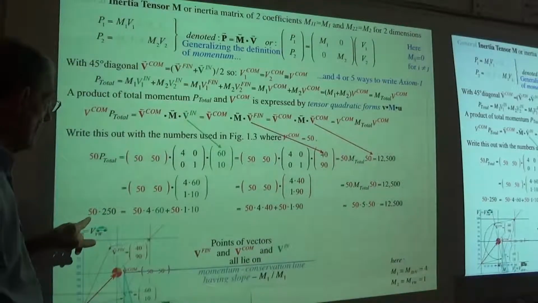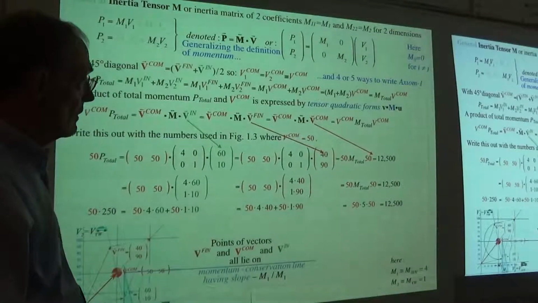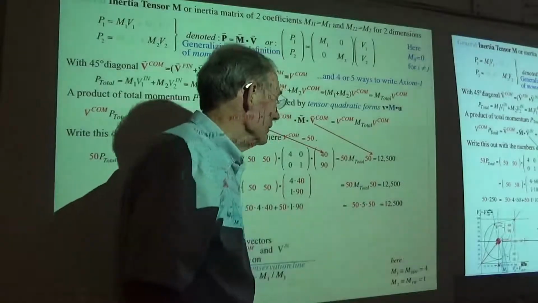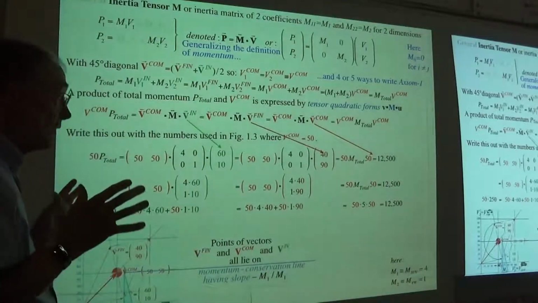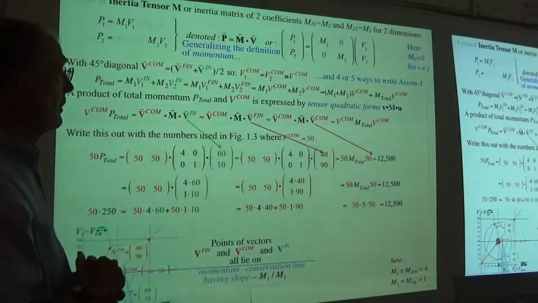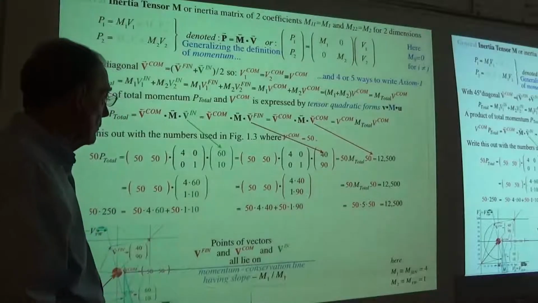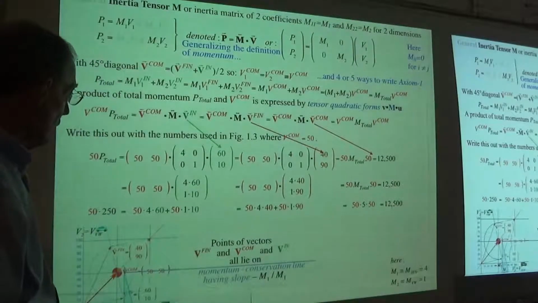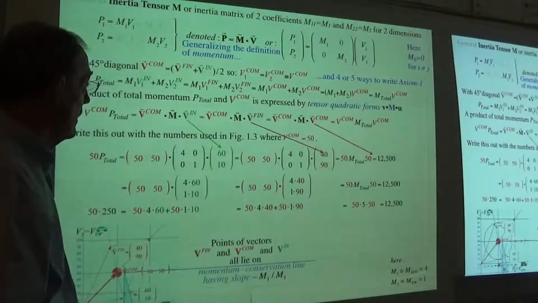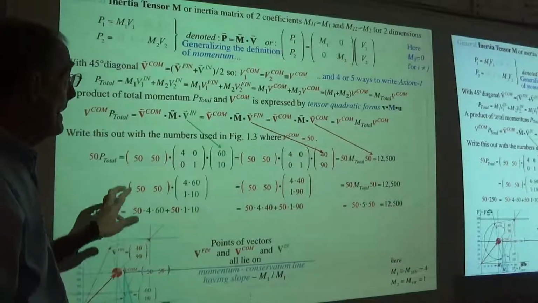In any case, we've got 50 times 250 units of action here. We've got 12,500 units of action, whatever the units are. We haven't been careful with units yet, but just to keep things simple, we're doing tons and miles and hours instead of MKS. Okay.